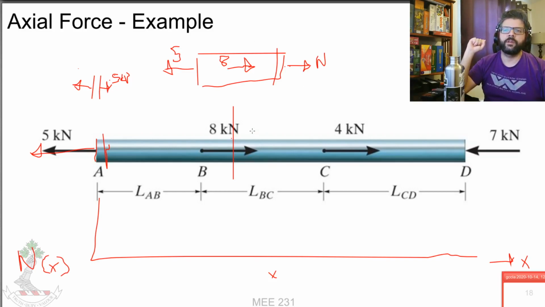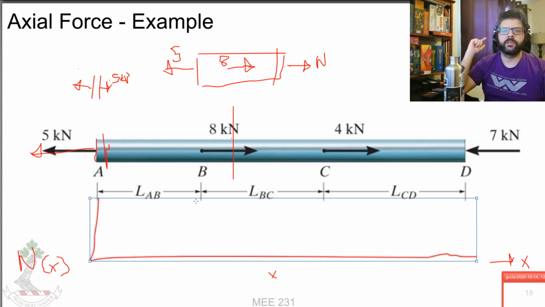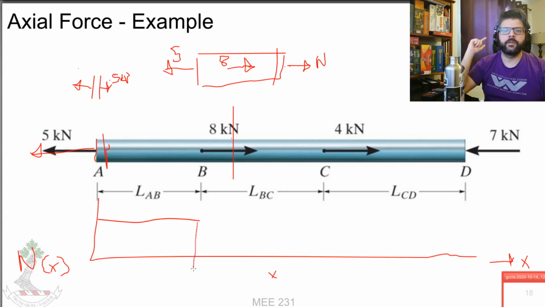So on this side of the cut, that thing is actually going down to a -3 kilonewton axial force. So we've got our 5 here. That drops down to -3. And that continues on until we hit this one here.